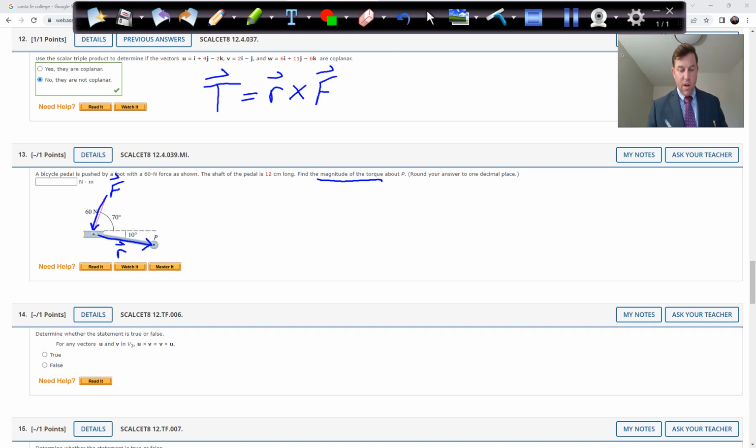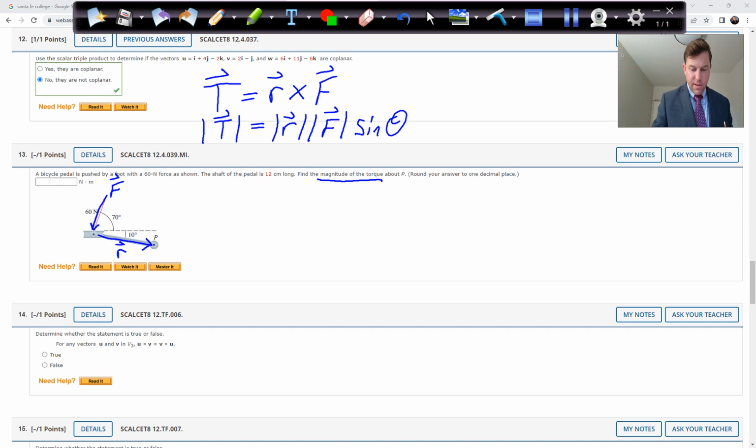There is an easier way, and that says this: the magnitude of the torque is just equal to the magnitude of the radius vector times the magnitude of the force vector times the sine of the angle theta between them. So the only tricky part to this question is you have to realize that theta is this angle, which includes the 70 and the 10.